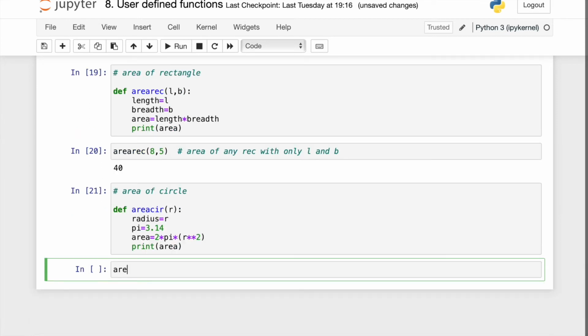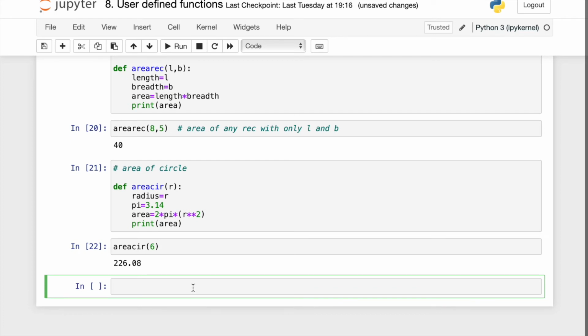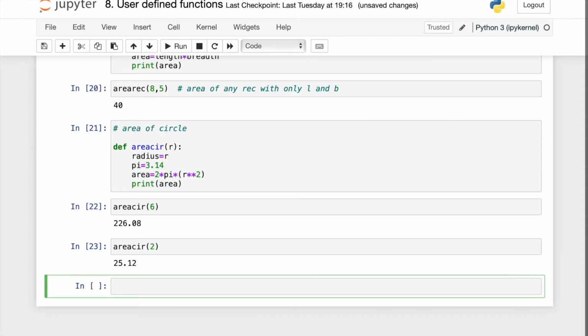For the area of any circle, we just have to pass the value of radius. I'm saying the radius is 6, 22.6. If I give area of circle with 2 as radius, 25.12. It is calculating with this formula using the values that we give here.